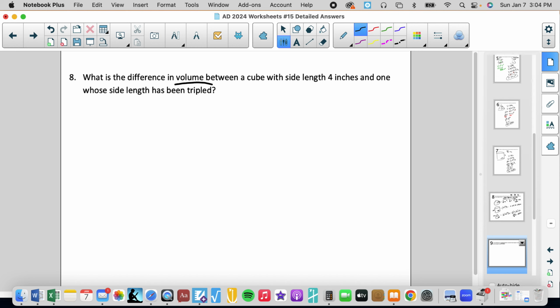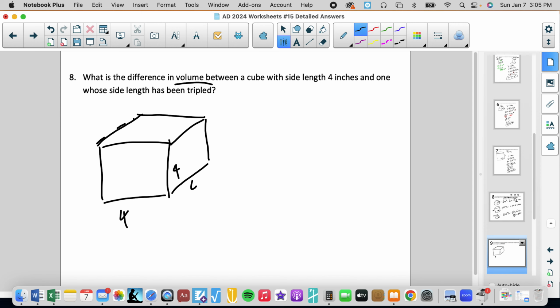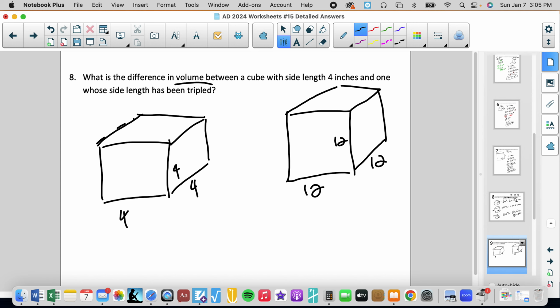When you increase a cube that is 4 by 4 by 4, if you've tripled it, you're tripling it in all 3 dimensions because volume has 3 dimensions. So you're increasing 4 to 12. So now you're dealing with an object that is 12 by 12 by 12, which is considerably bigger.